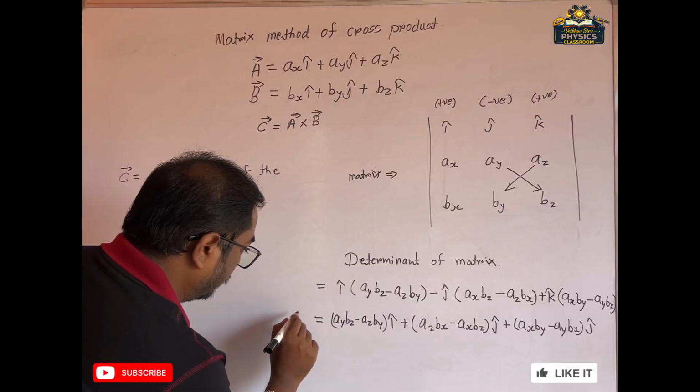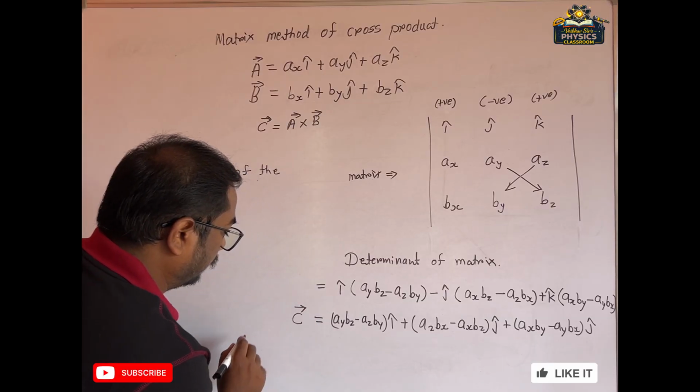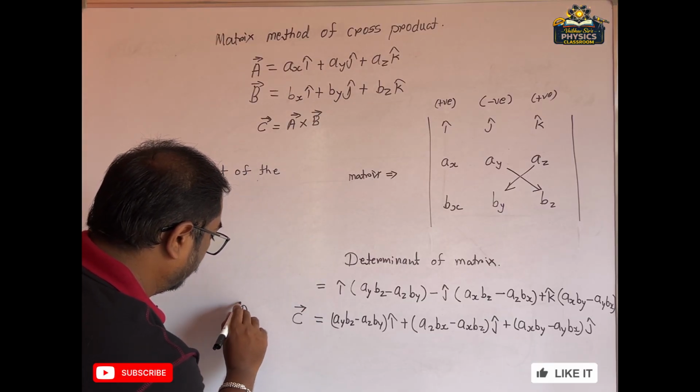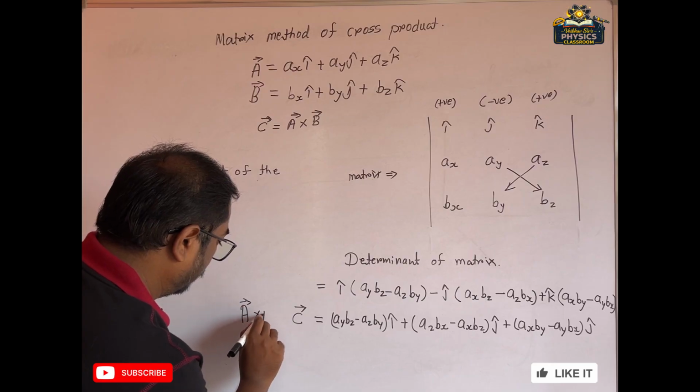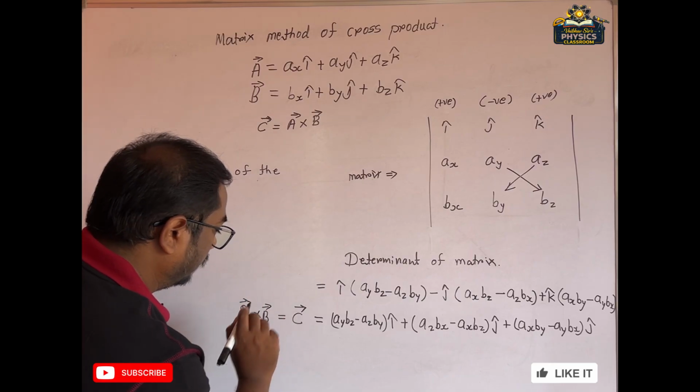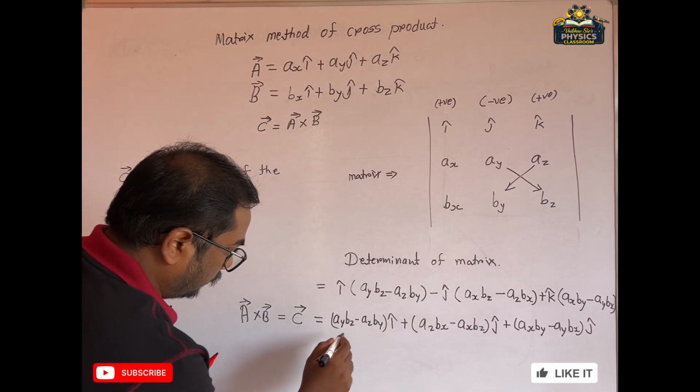So this is nothing but the C vector, the cross product of vector A and vector B. This is our solution.